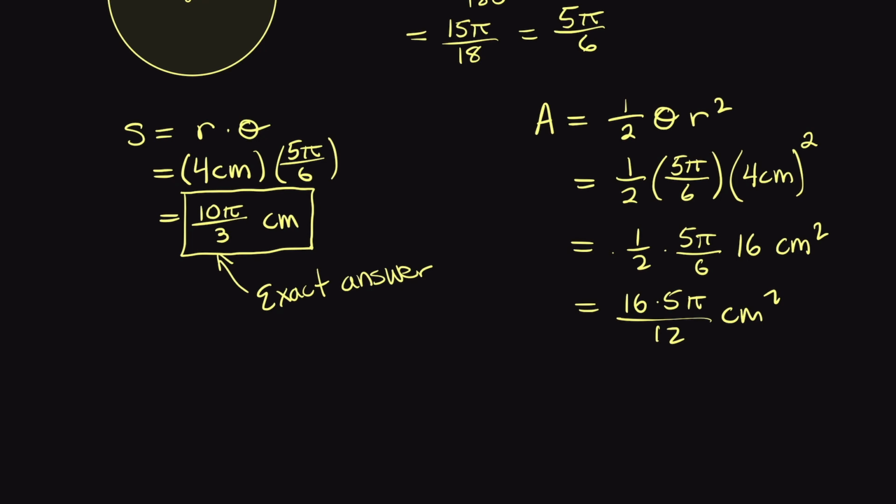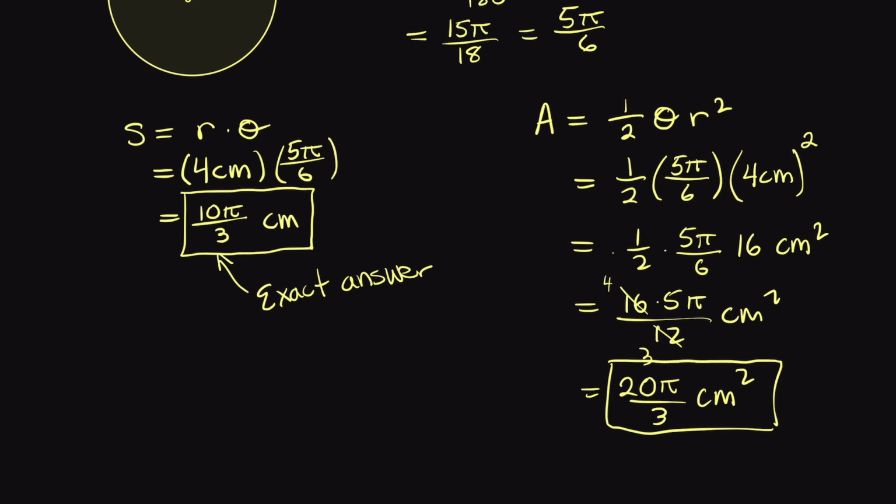We can divide these two both by 4. That's going to give us 4 over 3. So it looks like we're going to have 4 times 5, which is 20 pi over 3 centimeters squared. Again, this is the exact answer, and if you have an application, you'll probably round that to however many decimal places you need for that application.